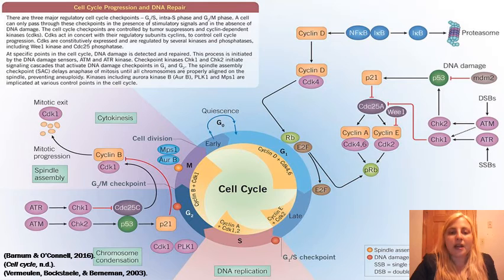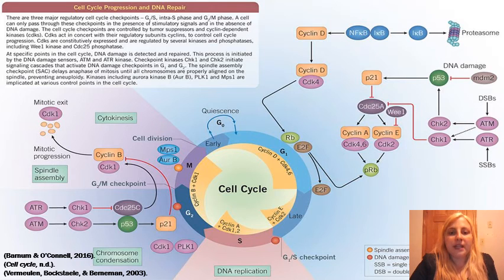These signals set off the signaling cascade through checkpoint kinases. These kinases are denoted CHK1 and CHK2, also represented in purple. At this point, CHK2 activates P53, which in turn activates P21.